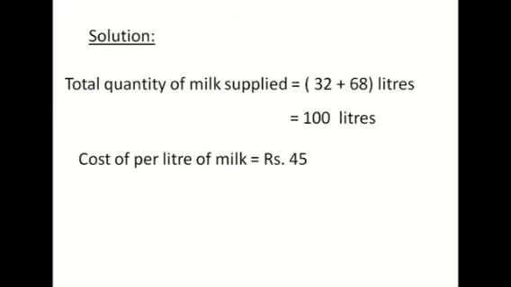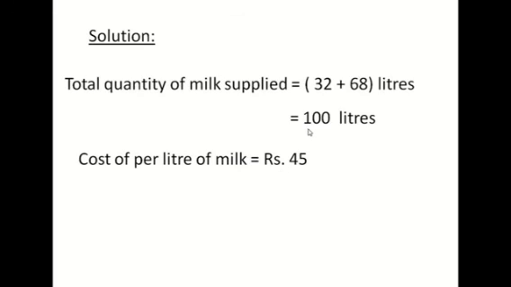Now start solution. So first you have to find out the total quantity of milk supplied. It is 32 plus 68 liters. Okay. Do the addition and write down. So it is 100 liters. Yes. Now you know the cost of per liter milk is rupees 45.